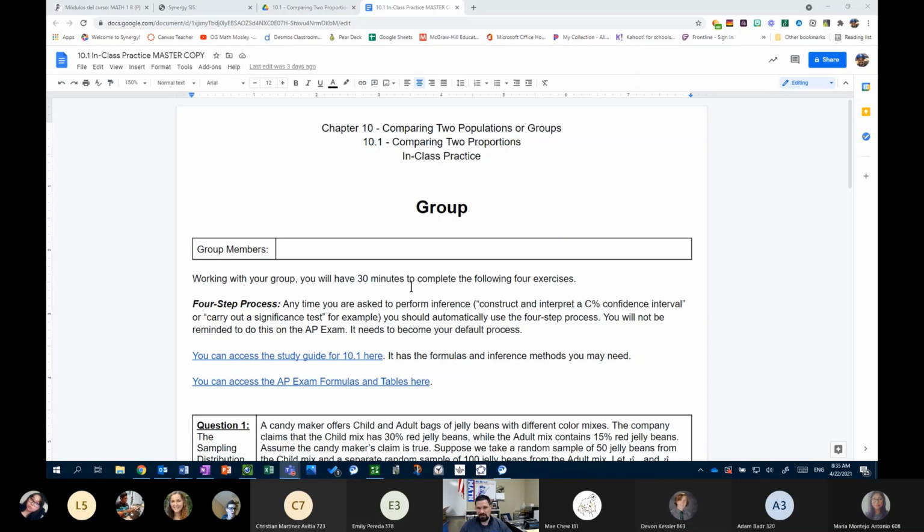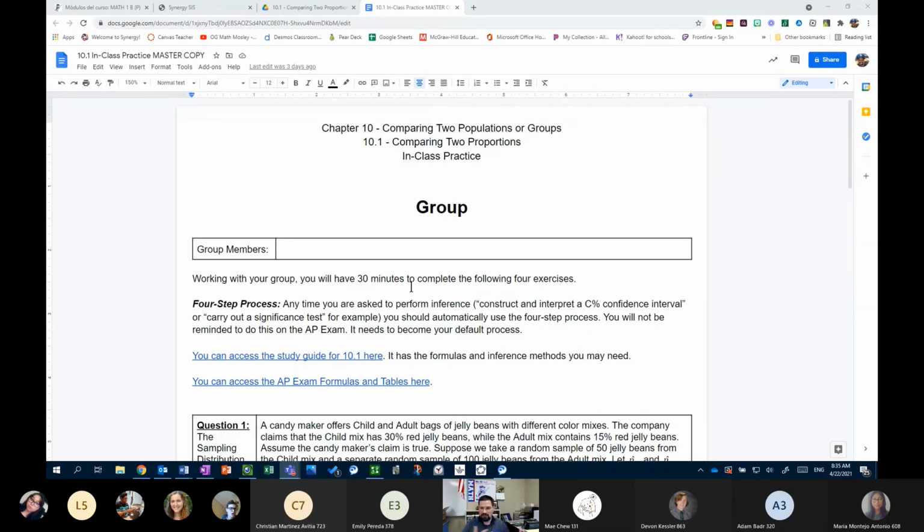That's okay. Part of the thing that I'm starting to do is build in timing so that you can start to build a sense of how long 30 minutes feels like while you're working on math, to try to prepare you for the time restrictions you're going to have when you take the AP exam.